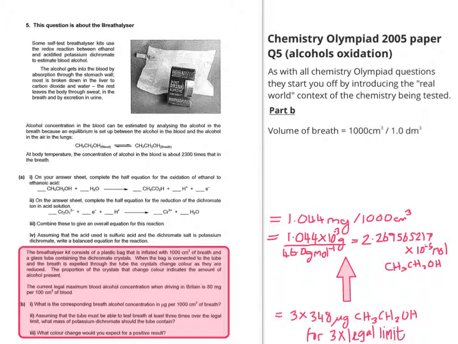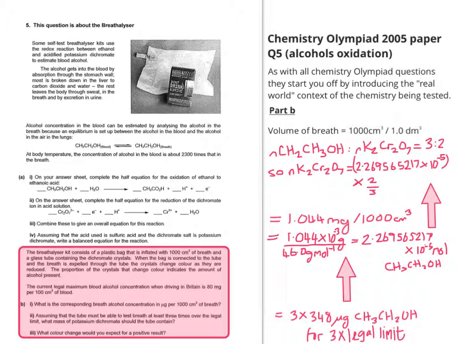Okay, so now what we need to do is work out the mole ratio from our previous equation of potassium dichromate to ethanol. So to get the number of moles of K2Cr2O7, you need to multiply the number of moles of ethanol times 2 over 3.